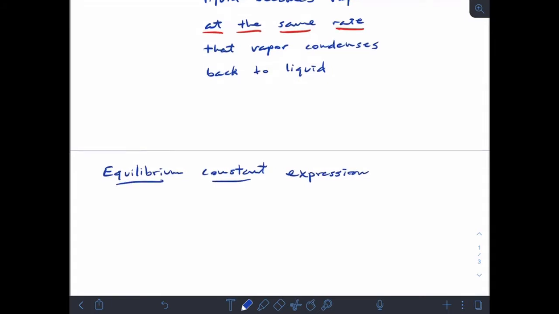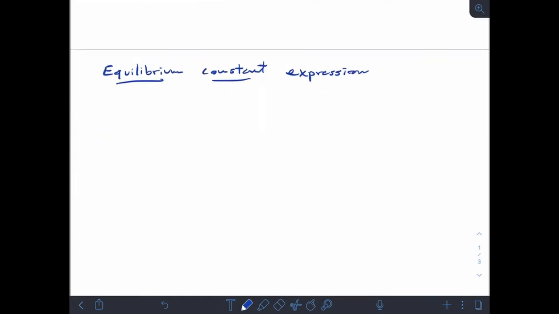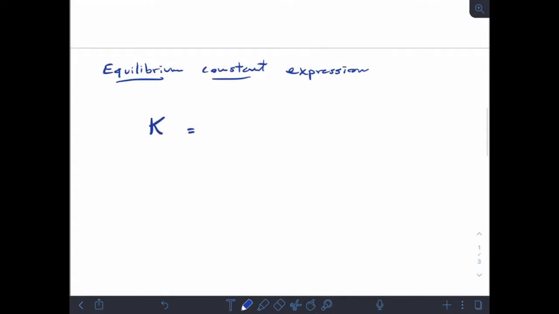So every equilibrium has a constant that goes along with it, and it's related to the equilibrium concentrations of the reactants and the products. And as you might guess, the symbol for the equilibrium constant is K. Big surprise there. Okay, so K equals the products raised to their stoichiometric coefficients, and we're just going to say stoich for short, divided by the reactants raised to their stoichiometric coefficients.